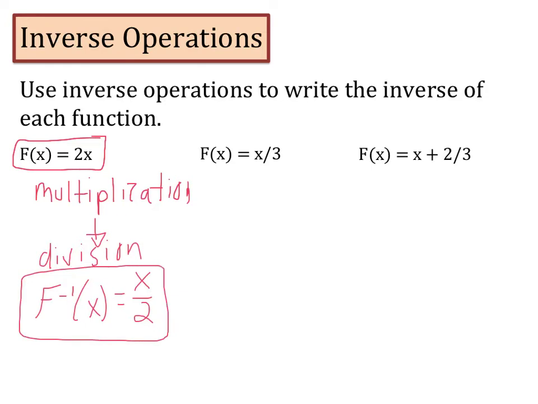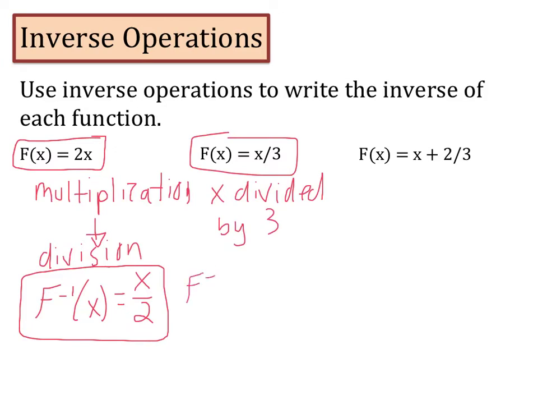So once again, we want to think about what's happening to the variable and just do the inverse of it. So in this example, x is being divided by 3. So the opposite of that would be to multiply x by 3. So the inverse of x over 3 equals 3x.